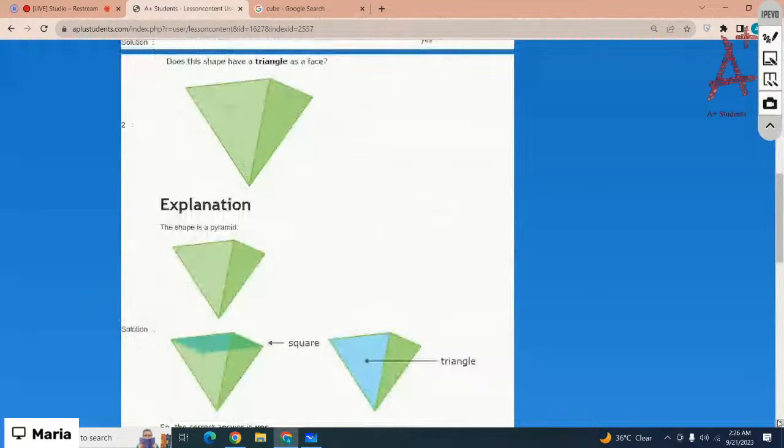Which is the correct option? Yes, that is a pyramid, and a pyramid has a face that is a triangle, right?